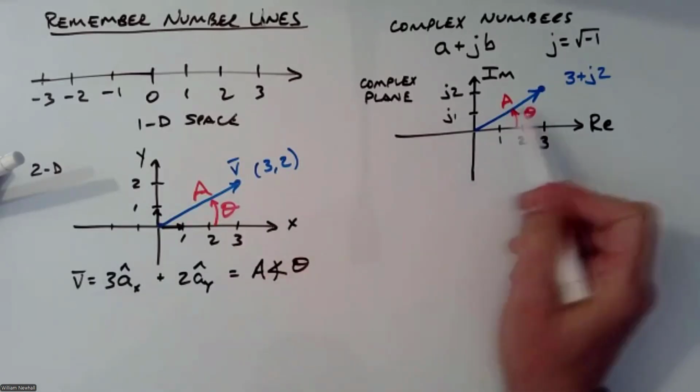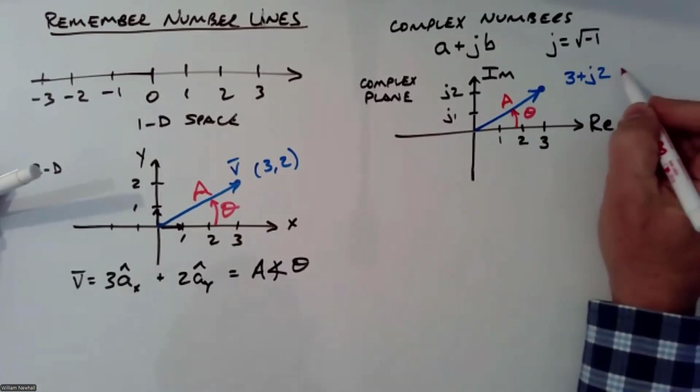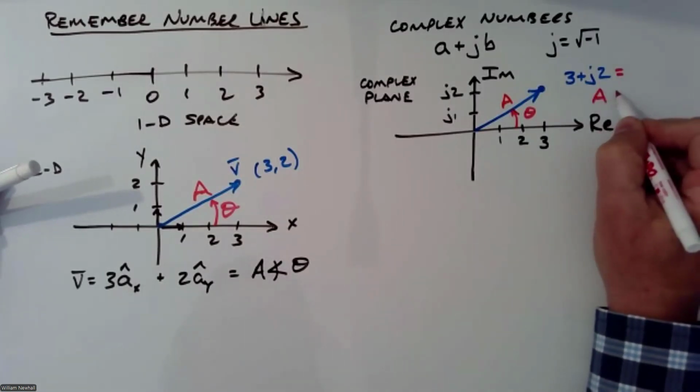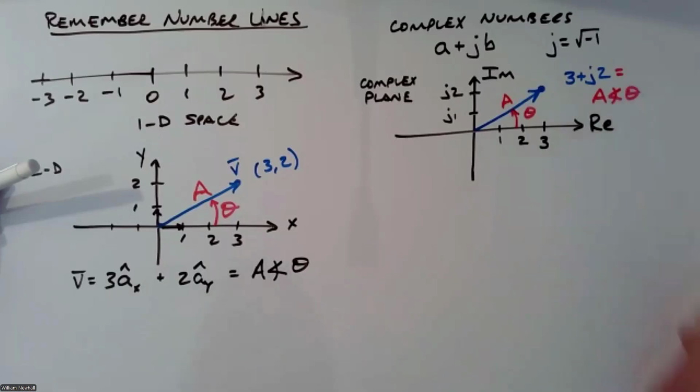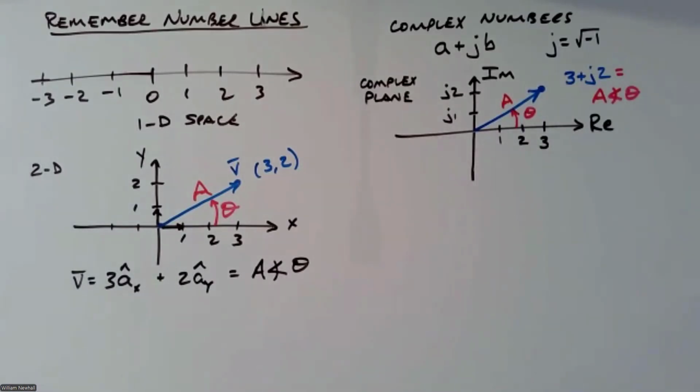This is just like the polar coordinate system down here. So I can express 3 plus J2 as A at an angle of theta, right? Both of these describe a point on the complex plane, which is a complex number.